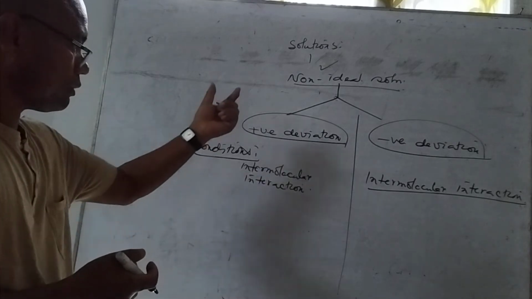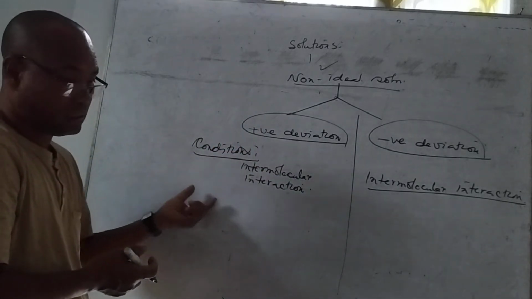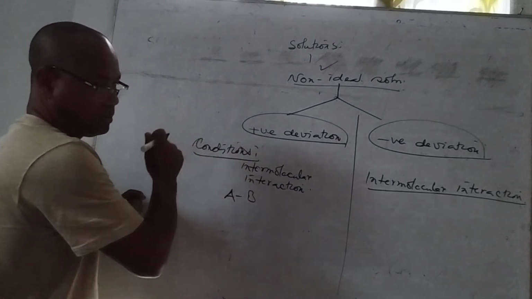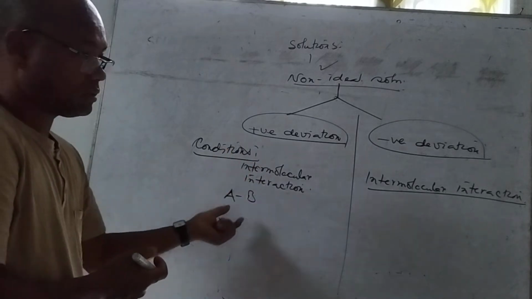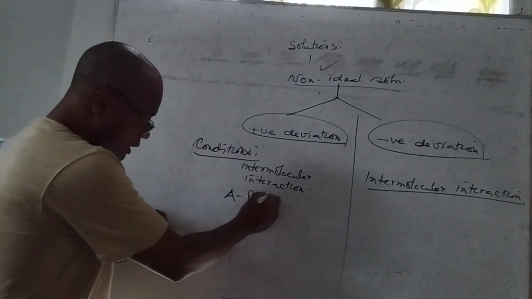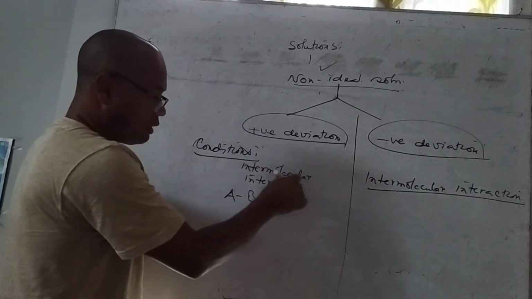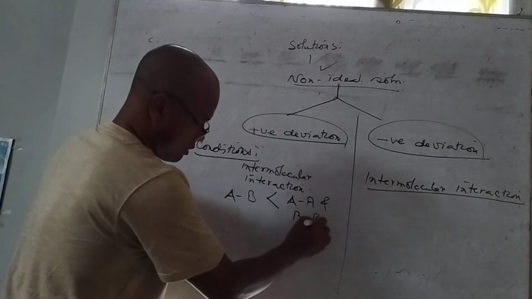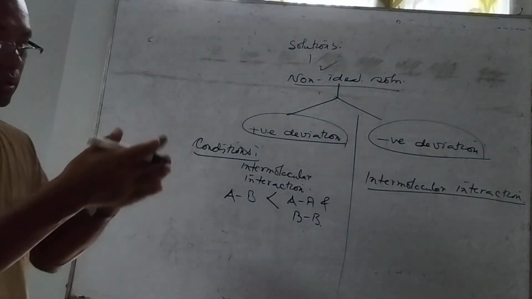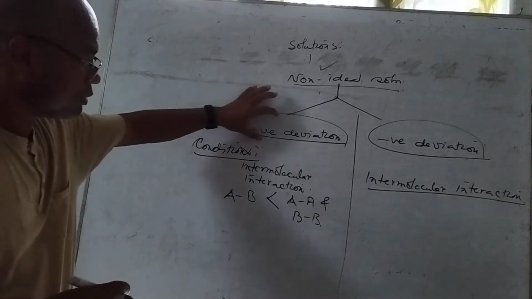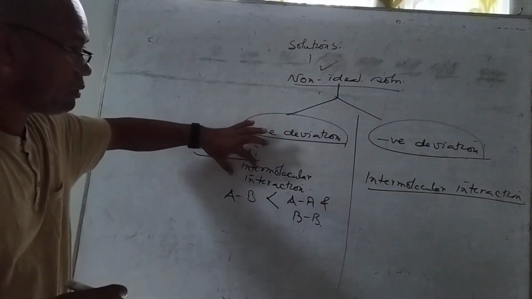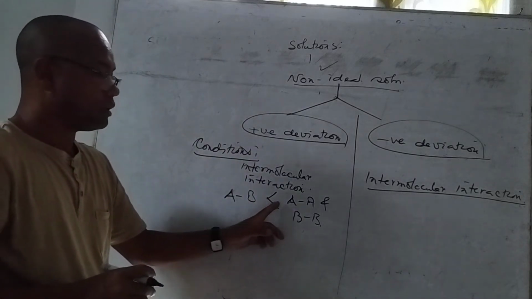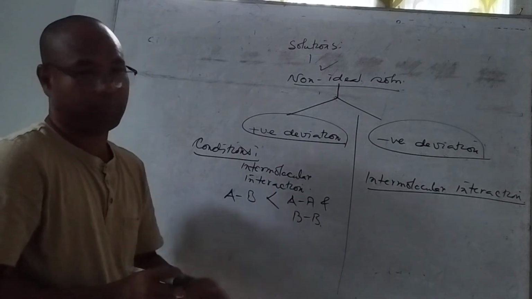Now here, positive deviation, what is the important condition? The intermolecular interaction of the A-B components in the solution is lesser than the intermolecular interaction of the components in the pure states. So for the positive deviation, the interaction in the solution is lesser than in the pure state.